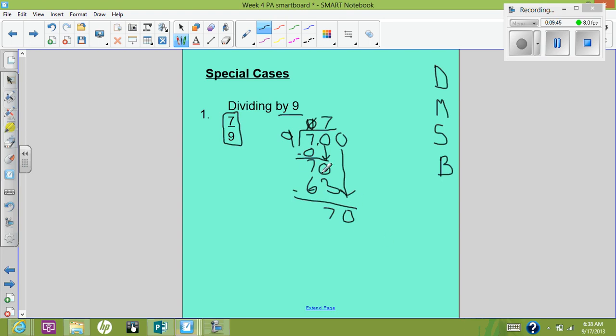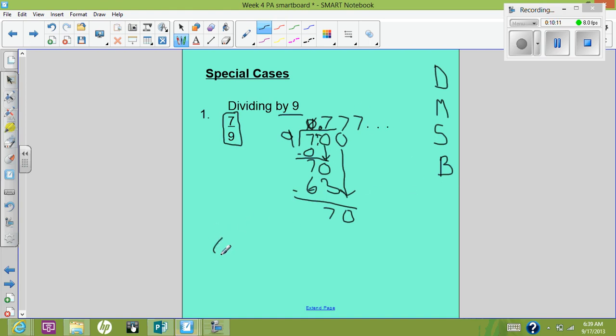I got 70 last time, and I got 70 the time before. I think I'm just going to keep getting 70, which means that my answers up here are just going to keep being 7. So if I move my decimal point up, right here, I have 0.777 dot dot dot going on and on and on.